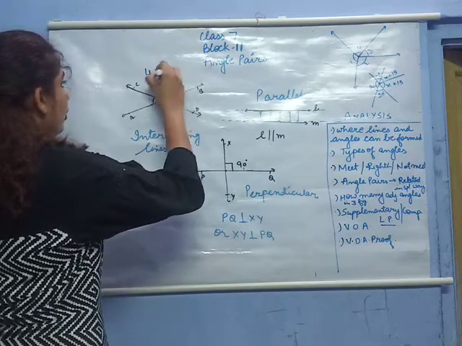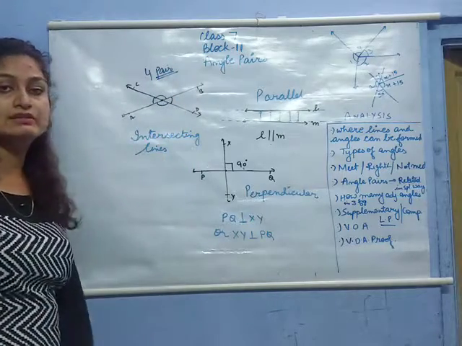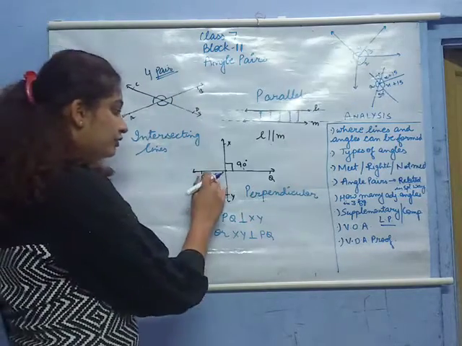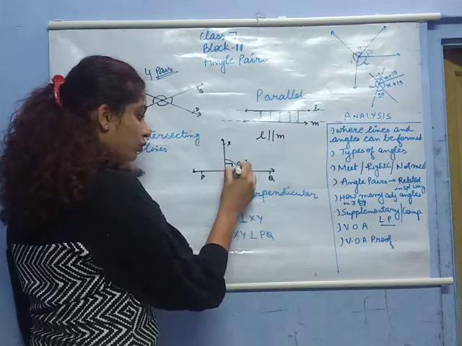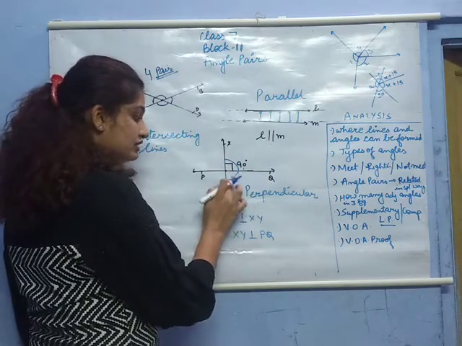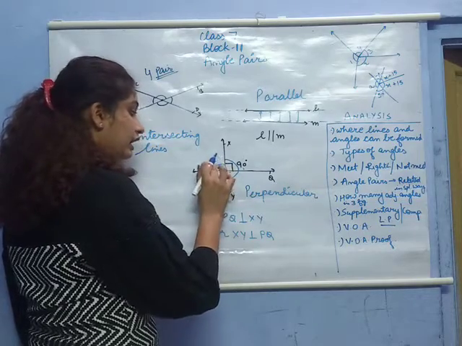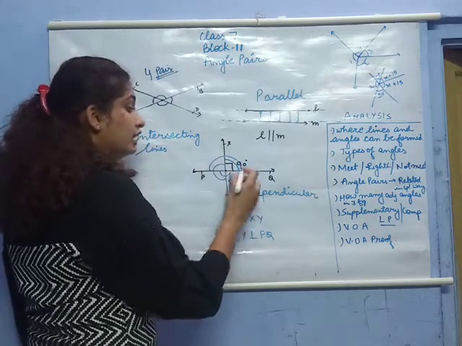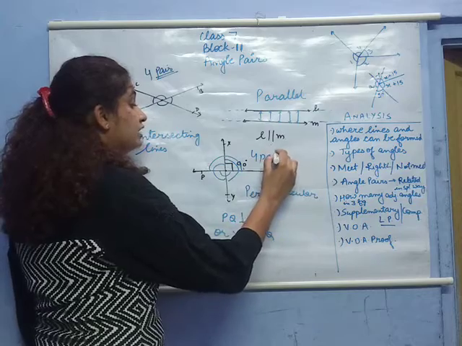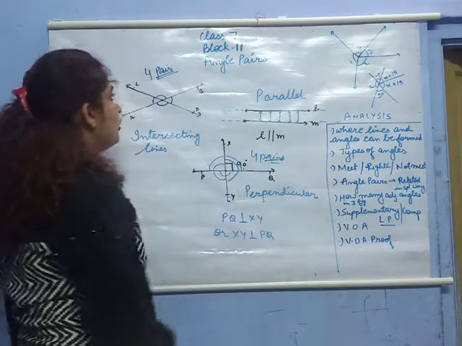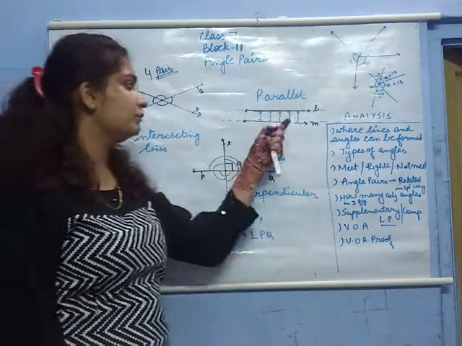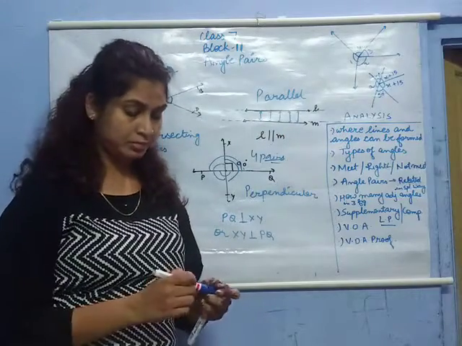There are 4 pairs of adjacent angles in the first figure. Similarly, in the next figure, these 2 are adjacent, these 2 are adjacent, again these 2, and again these 2. So there are again 4 pairs of adjacent angles. How many pairs of adjacent angles are there here?